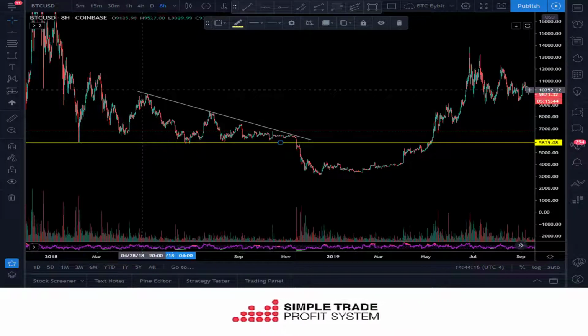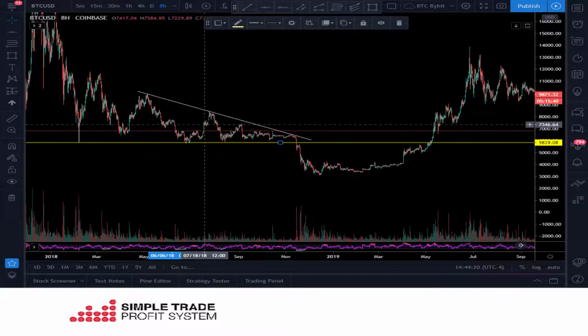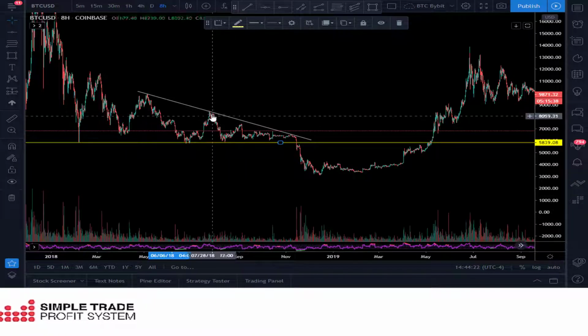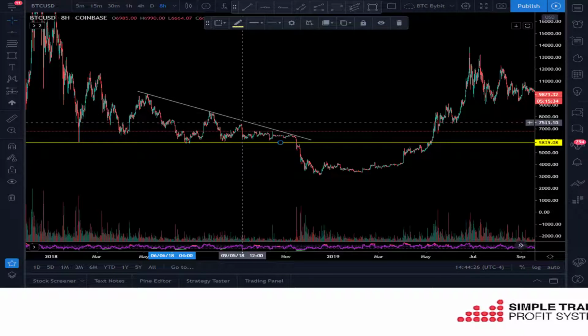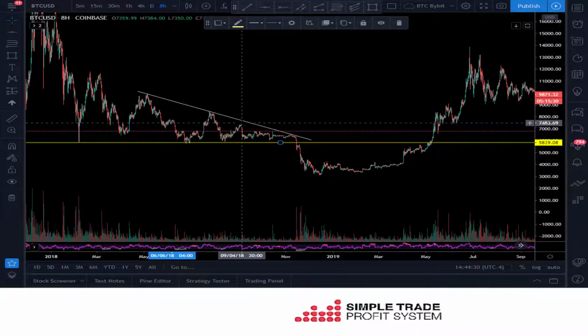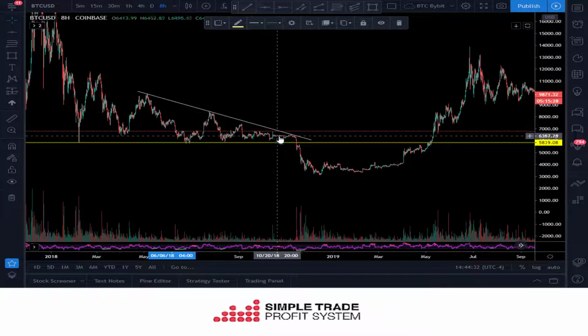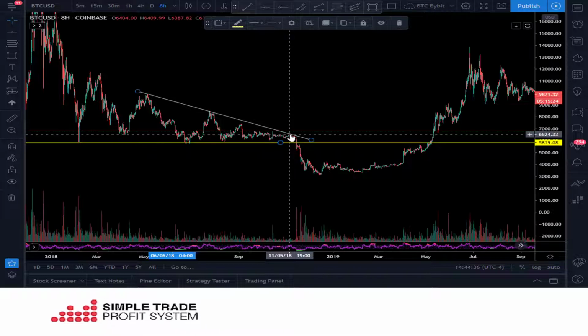Millions of people all over the world have this line drawn. And when it gets up to it, they say, hey, it bounced off of it here. People were willing to sell at this point, take their profits. Chances are they're probably going to do it again when it gets near here. And before it even touched it, people started selling off real quick, caused it to come down. Then it moved along and then it squeezed up here and touched it again.